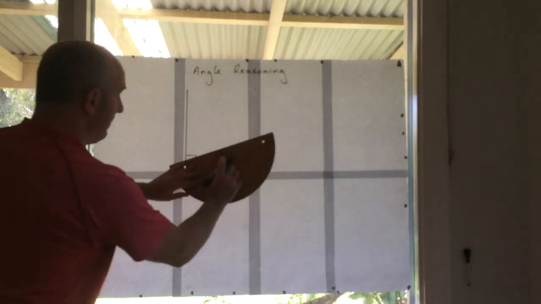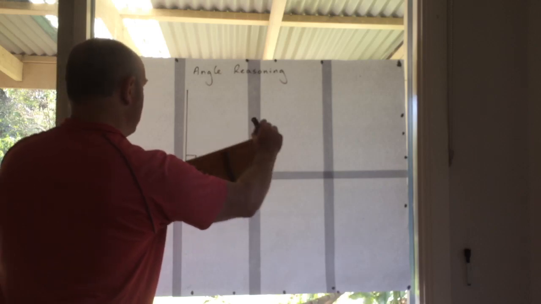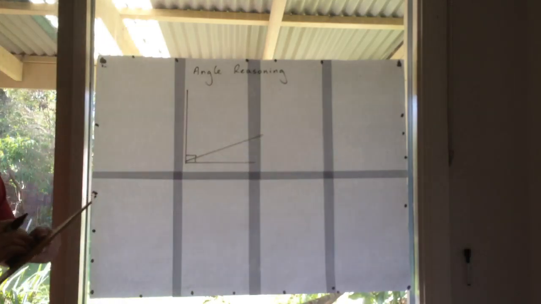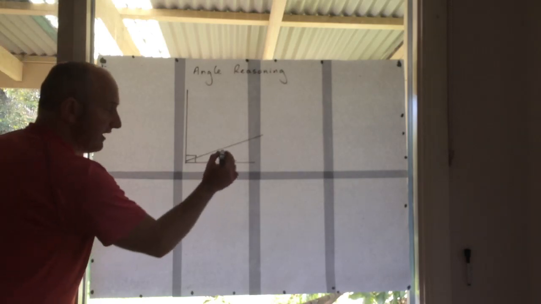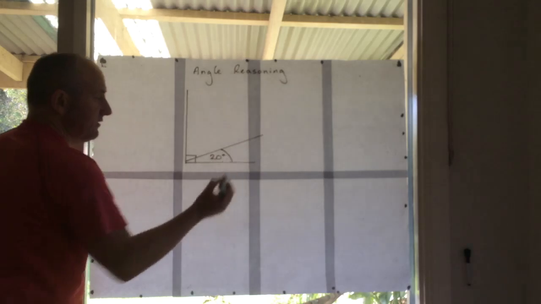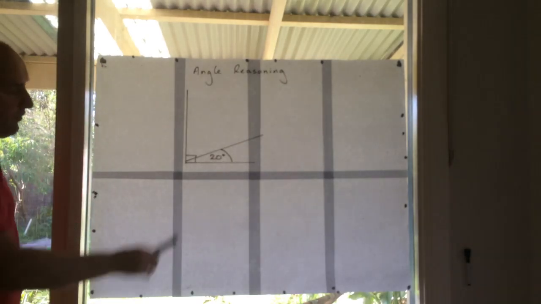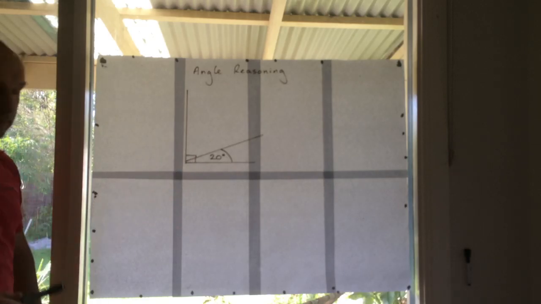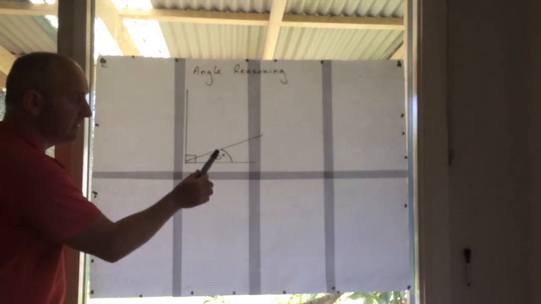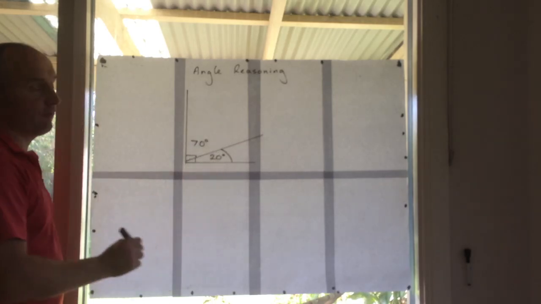So now if I mark off that this angle here is 20 degrees, what must that angle there be? Well, if this is 20 degrees, this angle is 70 degrees.